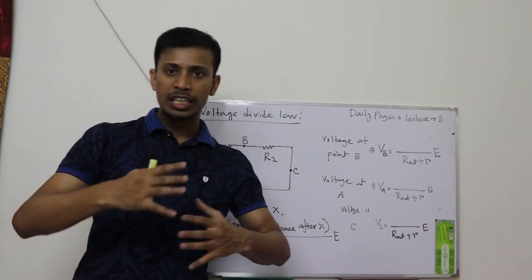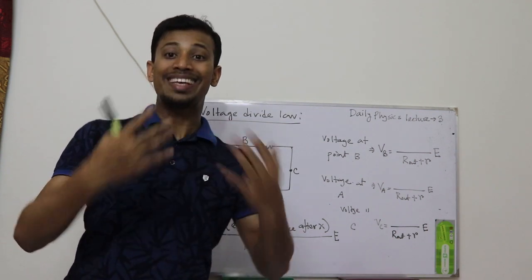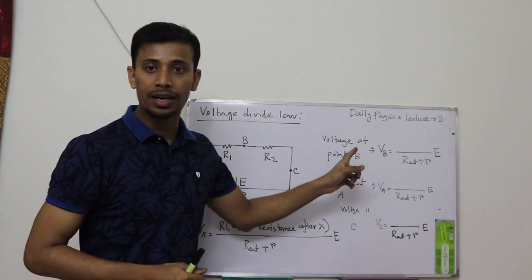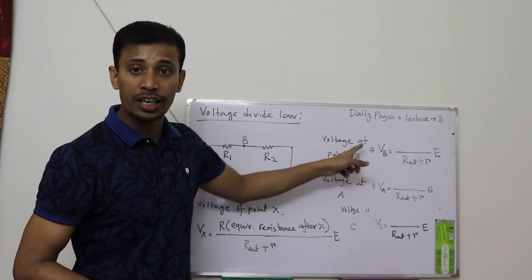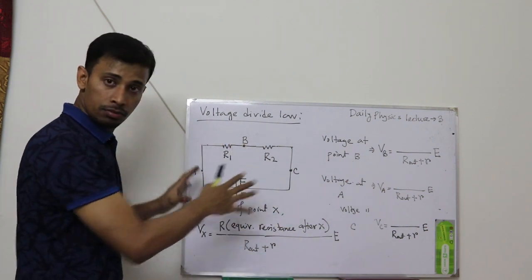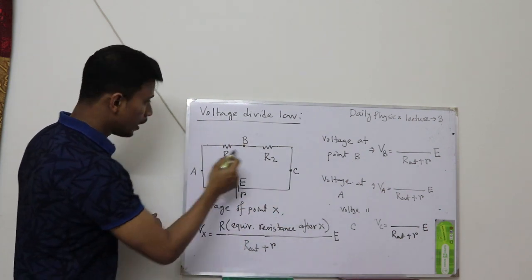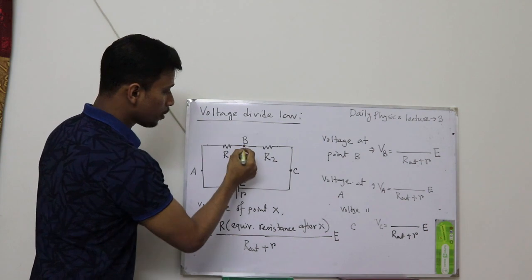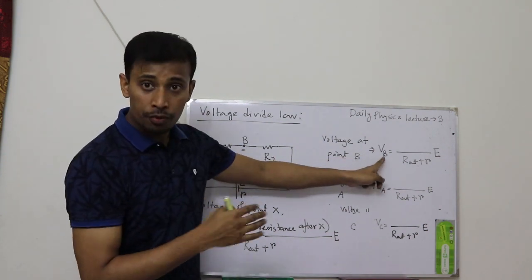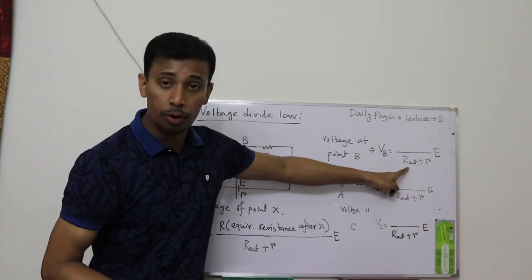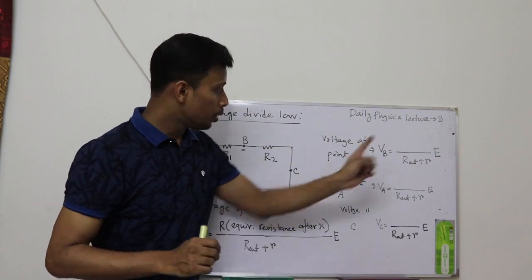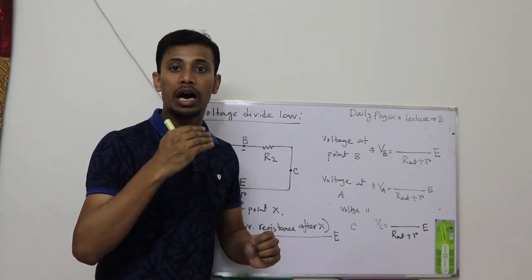Let me discuss with an example. Suppose for this circuit we are about to get the voltage of point B. What is B? Try to find it. Here is B. So VB, voltage of point B, at the bottom R out plus small r, multiplied by E. This will be common, but what will we write at the top?